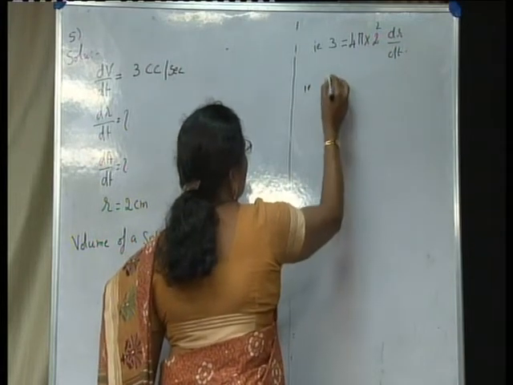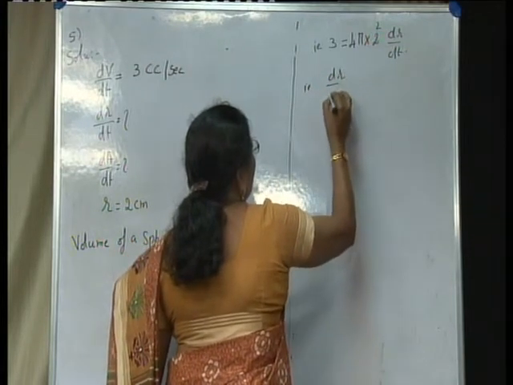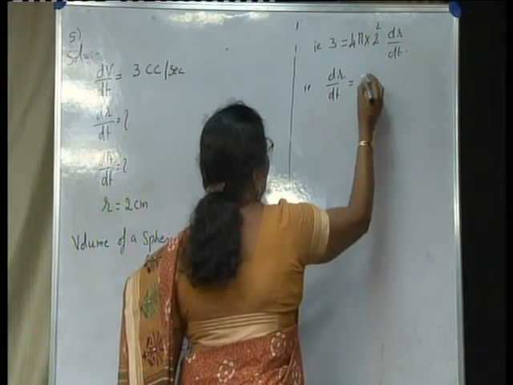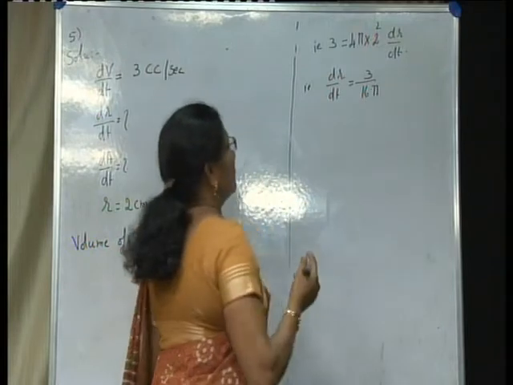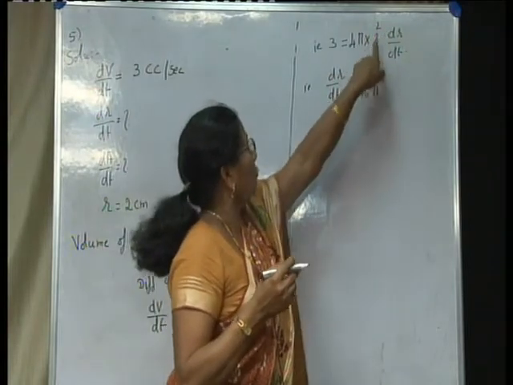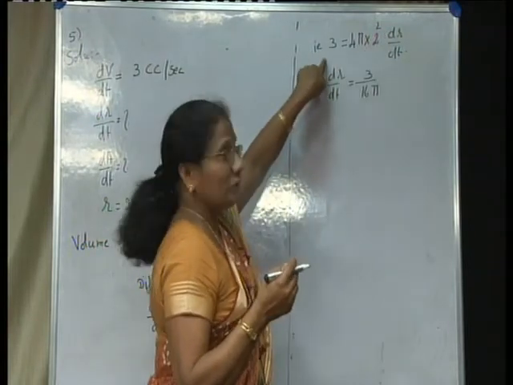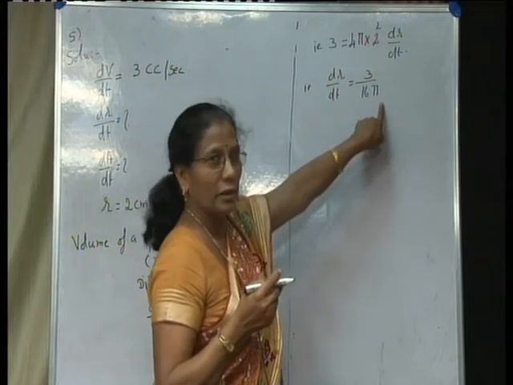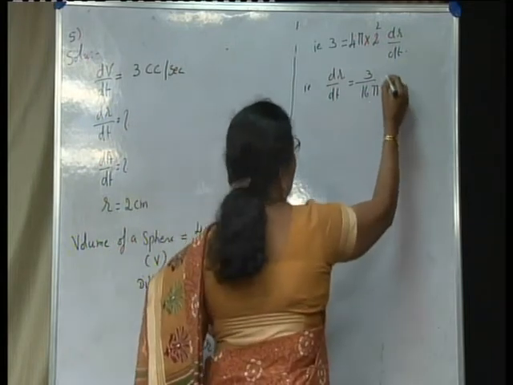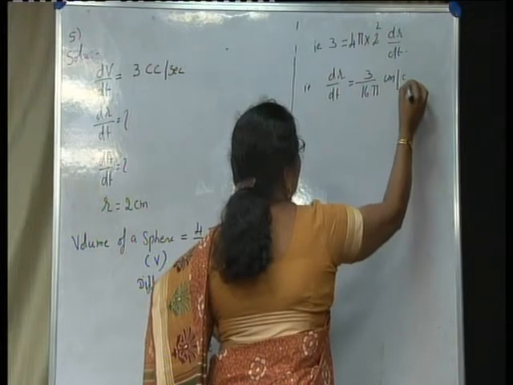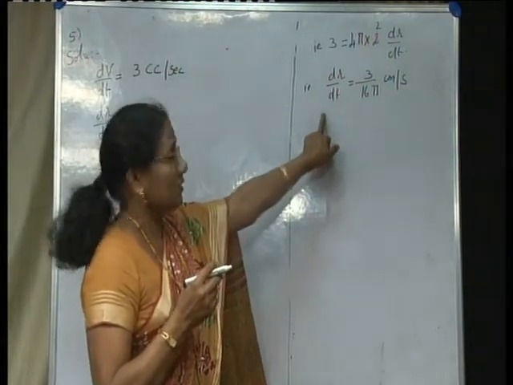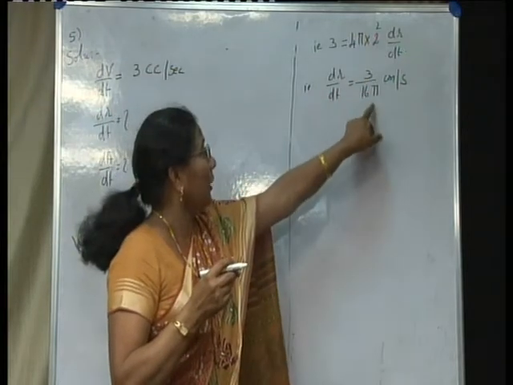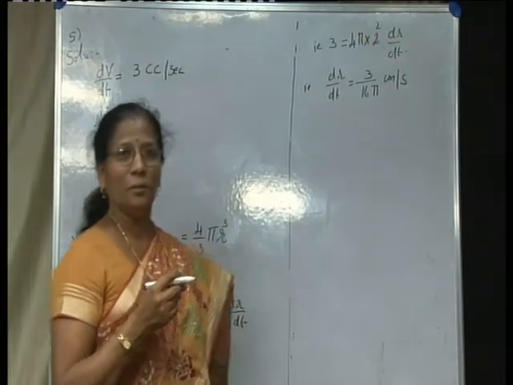So dr by dt is equal to 3 by 16 pi centimeter per second, since 4 into 4 is 16 comes in the denominator. The radius increases at the rate of 3 by 16 pi centimeter per second.